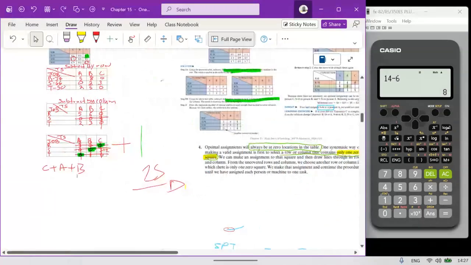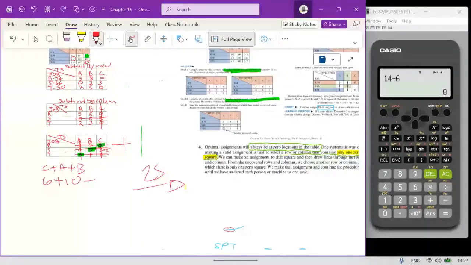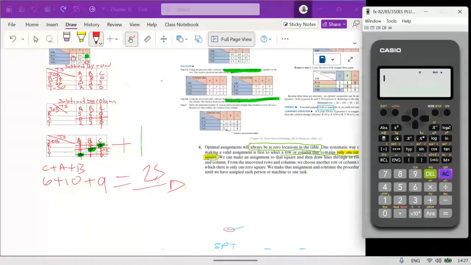It was 6 there plus your 10 plus your 9, and the total is 6 plus 10 plus 9. Then you gain your 25.